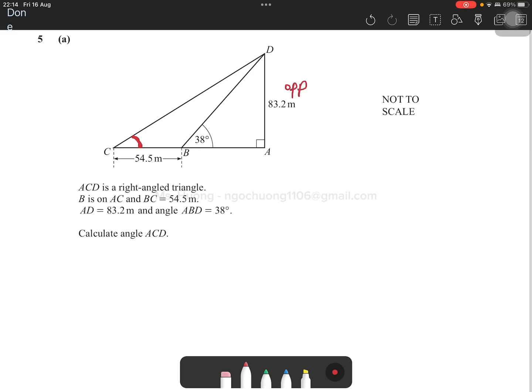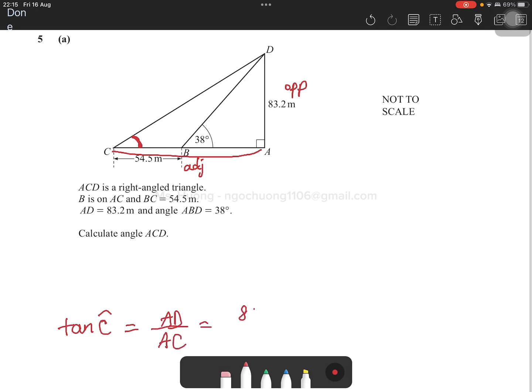And we also need to find the length of AB because AB is part of the adjacent side of angle C. So in this case, we need to use tan, which means tan of C is equal to opposite AD over adjacent AC.